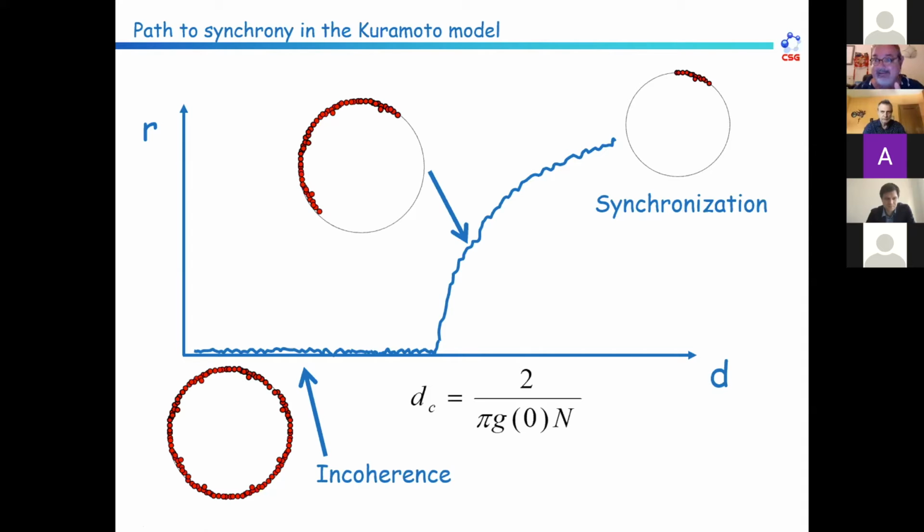If you want instead to observe an irreversible and discontinuous transition, this phenomenon that was called explosive synchronization, because suddenly your system from a given state passes discontinuously to synchronization, what you have to do is to introduce some frustration mechanism which prevents these clusters from growing, or which prevents these clusters from merging.